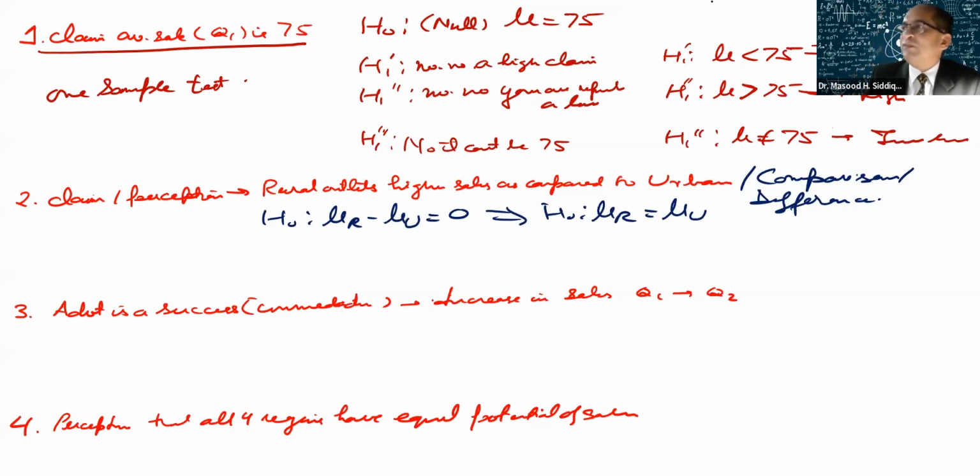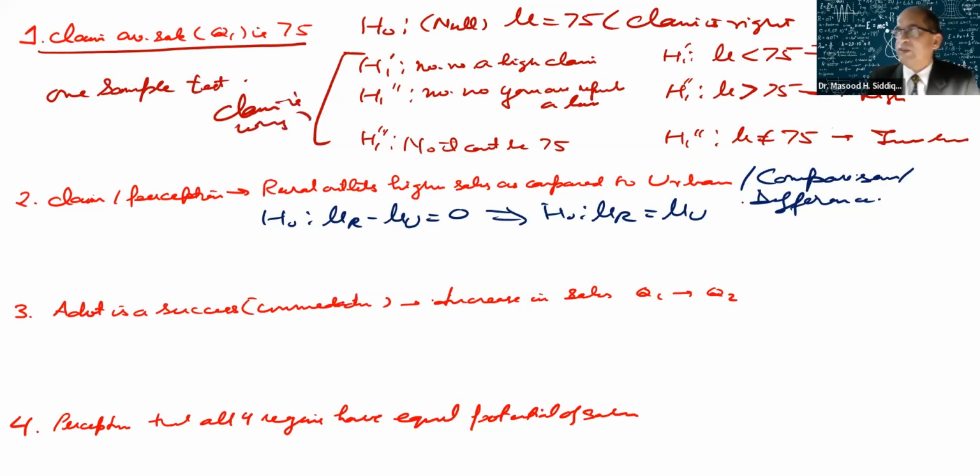So if we put the first thing in the form of language, the first statement is that the claim is right. And here they represent that the claim is wrong. And here also, this would be that the claim is wrong.